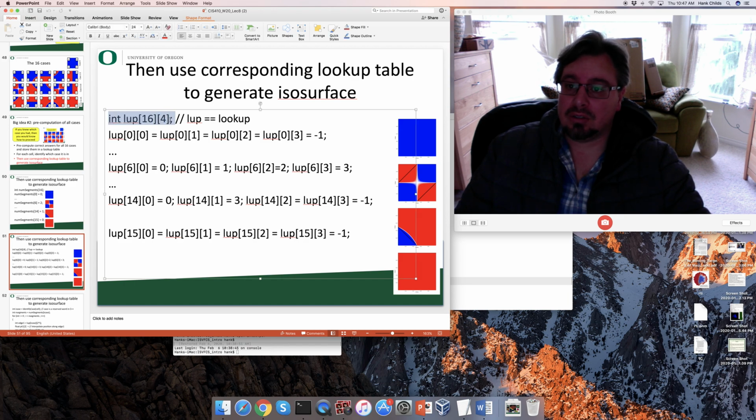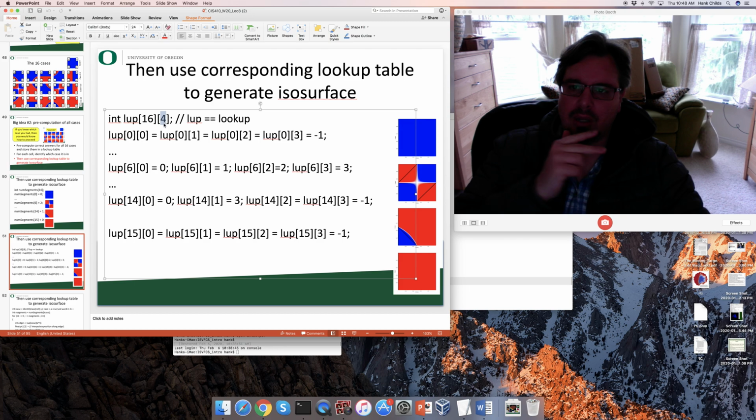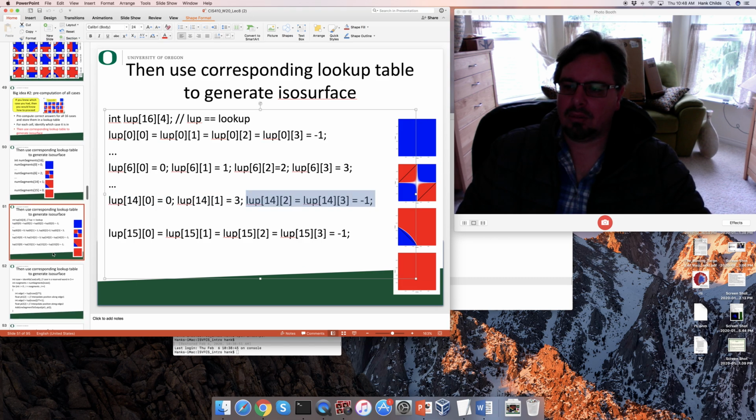We could have arranged this information however we wanted, but I decided to arrange it as a two-dimensional array, having 16 rows and 4 columns: 16 rows for 16 cases, 4 columns because you can have at most 2 segments, and each segment has 2 endpoints, so 2 times 2 is 4. Now, some of them don't have 2 segments, so here's case 14, and we put in 0 and 3, edge 0, edge 3, and there's no other segment, so the other 2 are just -1, saying nothing goes there.